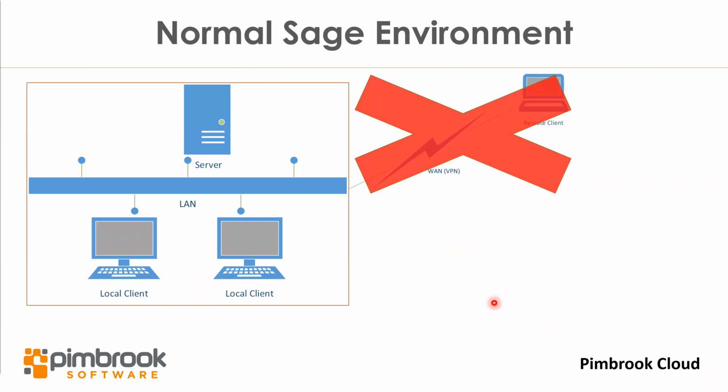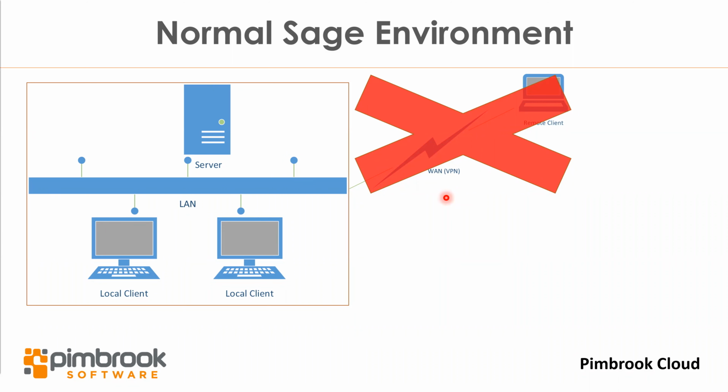This is not recommended, nor is it supported by Sage, because if you're updating data across this wide area network onto your data server and you lose any connection there, even momentarily, you can corrupt the data in Sage.